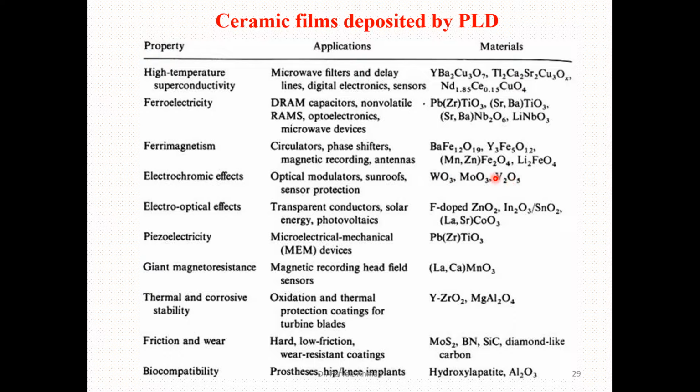The most popular is vanadium pentoxide, and it is utilized in optical modulators, sunroofs, and sensor protections. And then we have ceramics with the electro-optical effect, which can be utilized as transparent conductors, in solar energy, photovoltaics, etc.